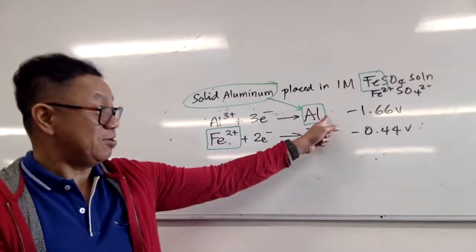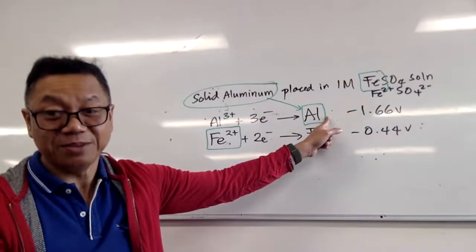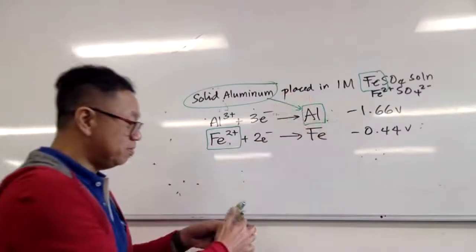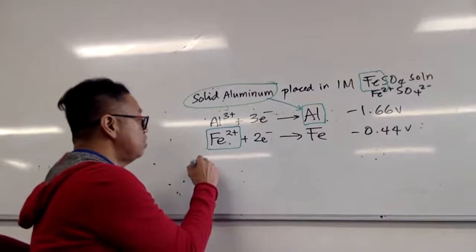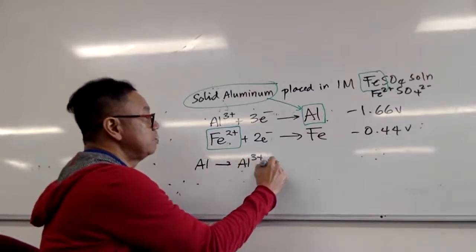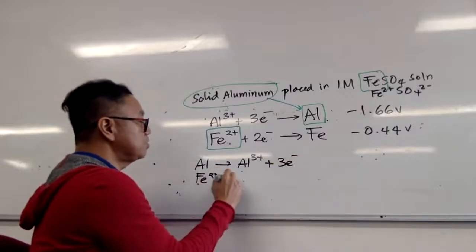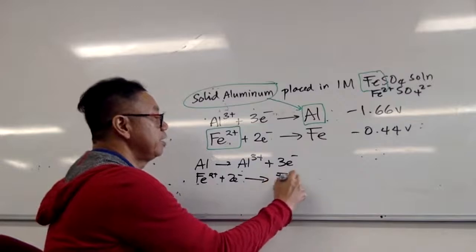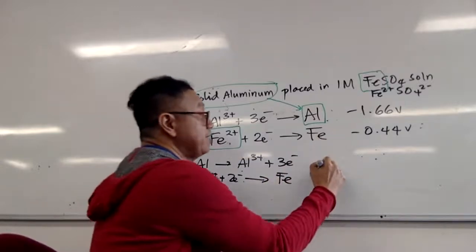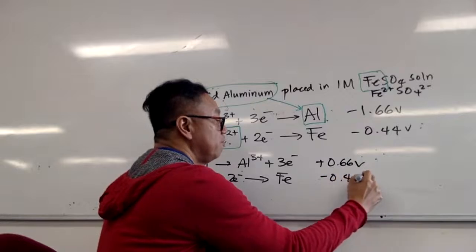Yes. Because here, aluminum is a product. We need it to be a reactant. So we flip the aluminum half reaction such that aluminum will give me aluminum 3 plus plus 3 electrons, and then iron 2 plus plus 2 electrons will give me iron. And then this will be positive 1.66 now and negative 0.44 volts.